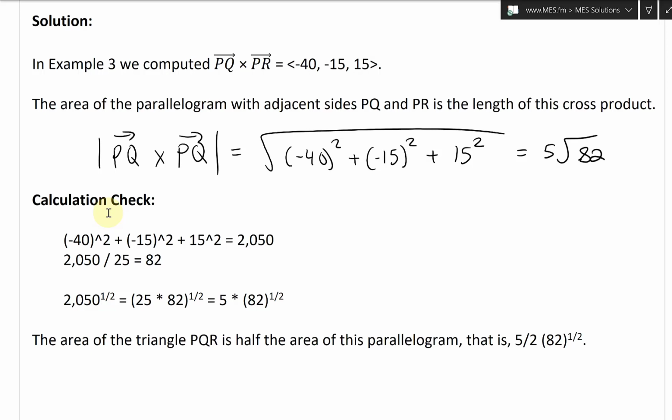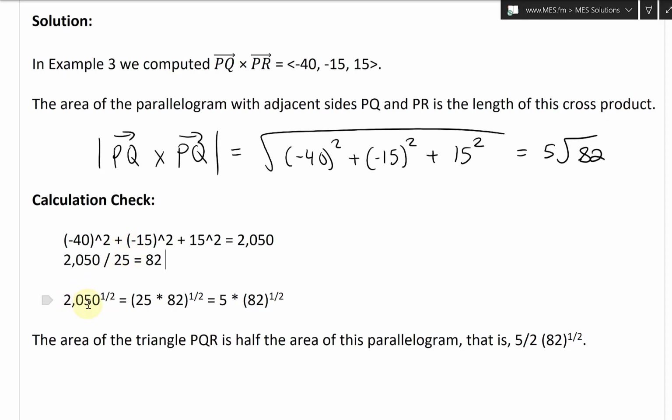Before we go further, let's do a quick calculation check. My OneNote program has a built-in calculator. So we go negative 40 squared plus negative 15 squared plus 15 squared equals, and that gives 2050. Now 2050 divided by 25 actually equals 82, you see, it's a factor of 25.